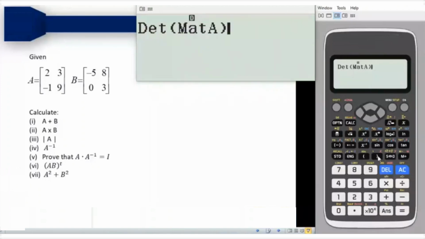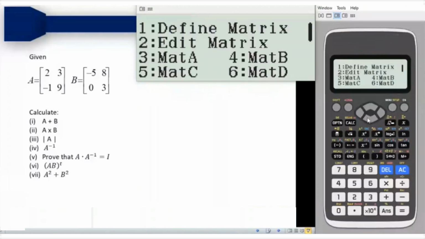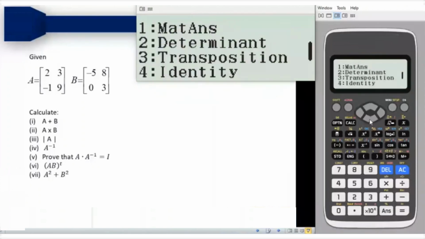I'll repeat the process. The first thing I did was I pressed OPTN, that is the option button. I scroll down. To scroll down, I have to press this down button where the cursor is. When I scroll down, I have option 1 matrix answer, option 2 determinant, option 3 transposition, option 4 identity.